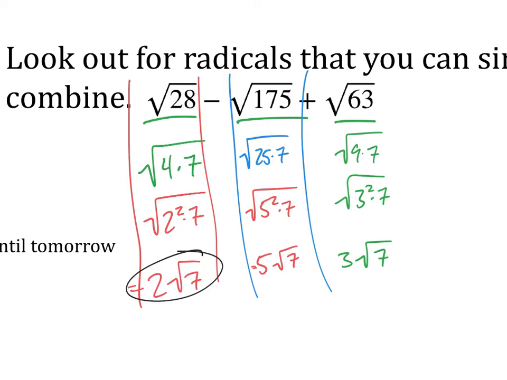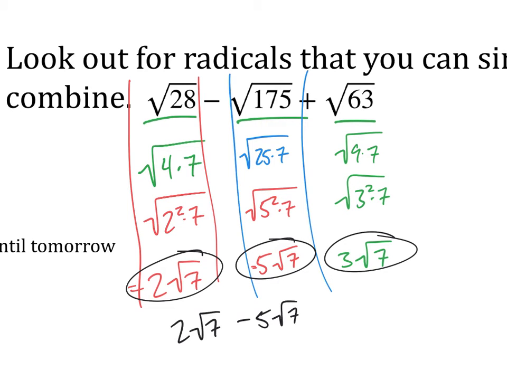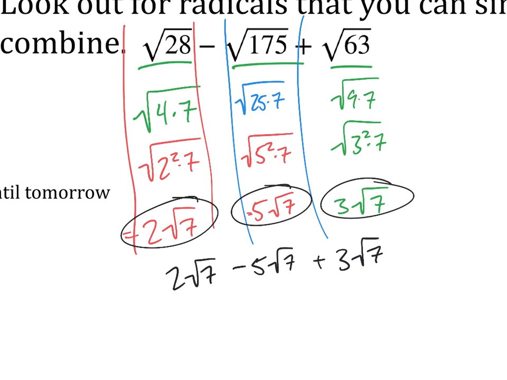And now these three can be combined. I can write 2 root 7 minus 5 root 7 plus 3 root 7. And what do we get here? Well, this is interesting. 2 square roots of 7 plus 3 square roots of 7 is 5.